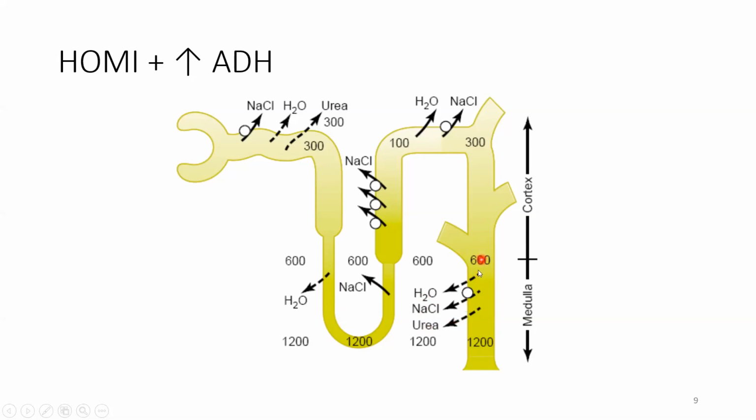So when you remove water from the tubular fluid, what remains behind is concentrated urine, because you have taken away this water. The whole point was to reabsorb extra water. So once again, from cortex to medulla, you have created a hyperosmolar environment, so that you don't let that extra water in the tubular fluid go out.